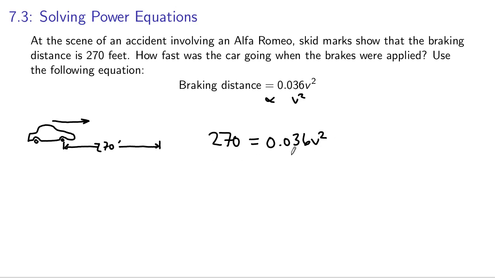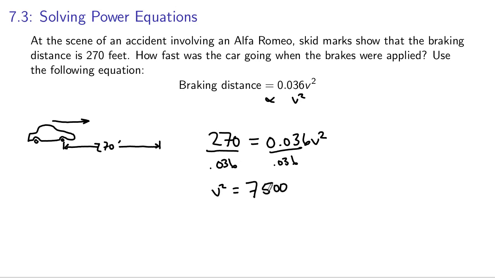First, let's divide by the constant of proportionality to get that out of the way. Dividing both sides by 0.036, we see that v squared must be 270 over 0.036, which is 7,500.